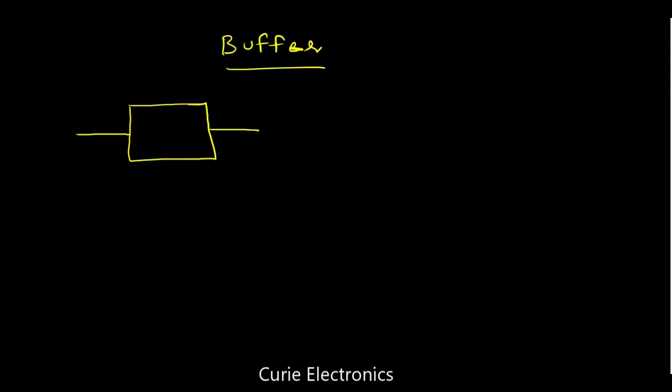That means if you give low here at the input, we should get a low at the output. And if you give high at the input, we should get high at the output also. So logic should not change.